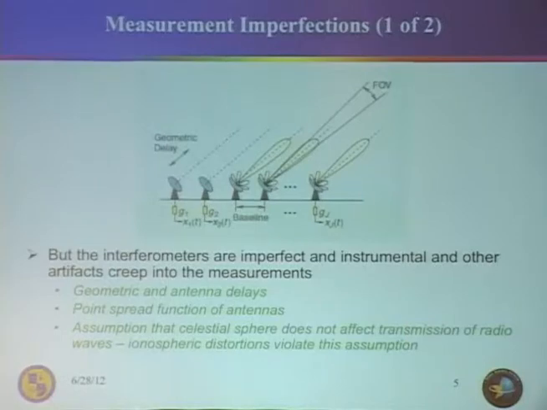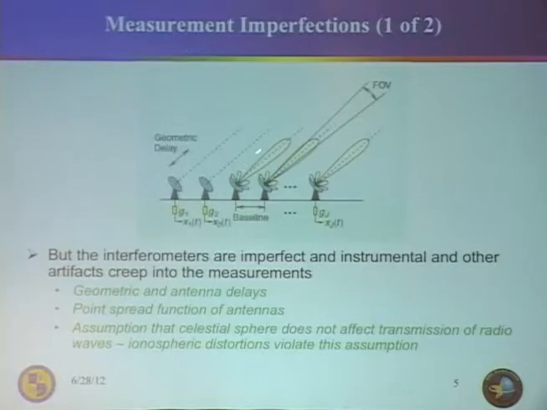The important thing is that you have additional sources of measurement error that creep in. These can be as simple as geometric delays. The source is off in some direction and essentially at infinity, so you have plane waves coming in, and you can have these geometric delays. This is actually an important feature, and it's exploited in aperture synthesis astronomy.